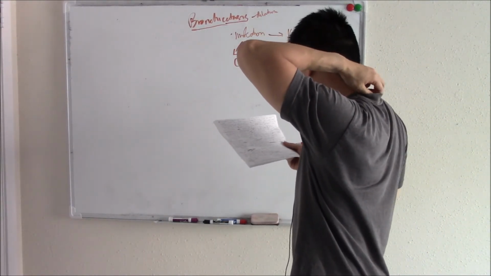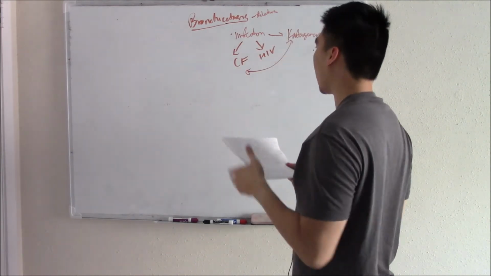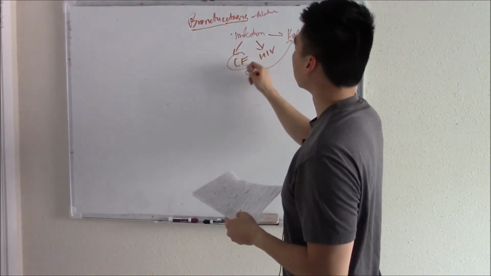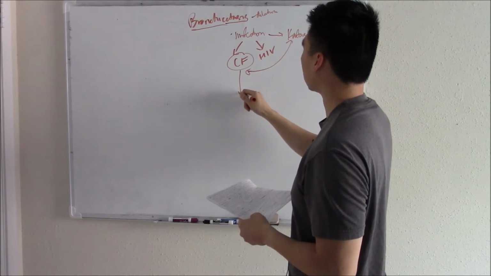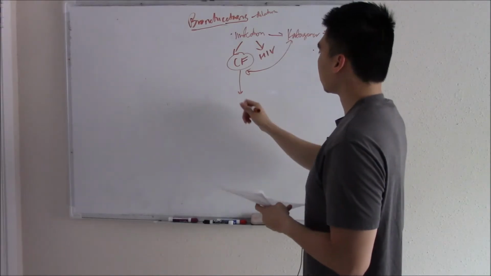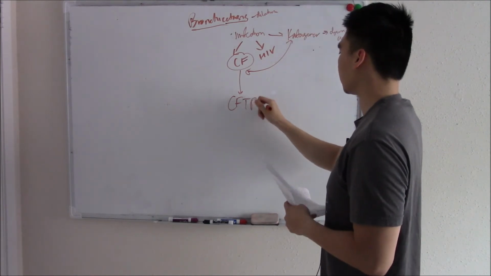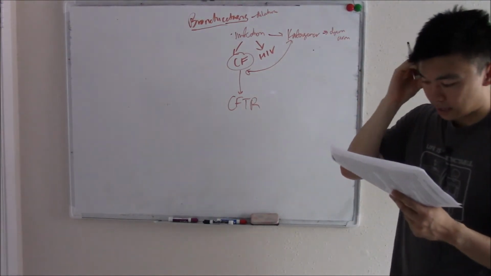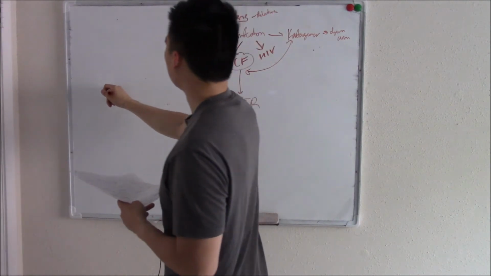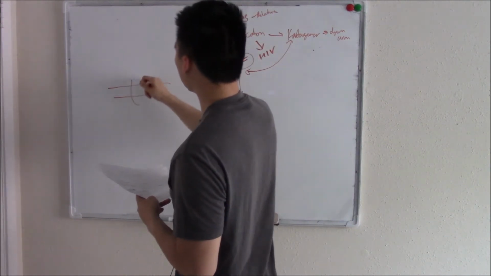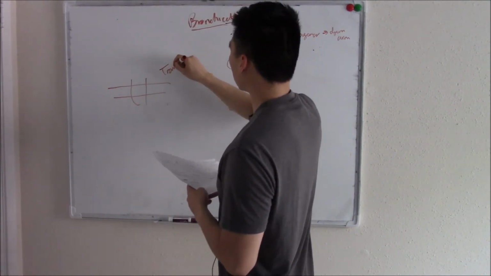I don't think there's much I want to say about this directly, but I want to talk about CF for a second. CF is always linked to bronchiectasis. Cystic fibrosis is a mutation in your cystic fibrosis transmembrane conductance regulator, which makes a protein that puts a chloride channel in your membrane. All right, transmembrane chloride channel.